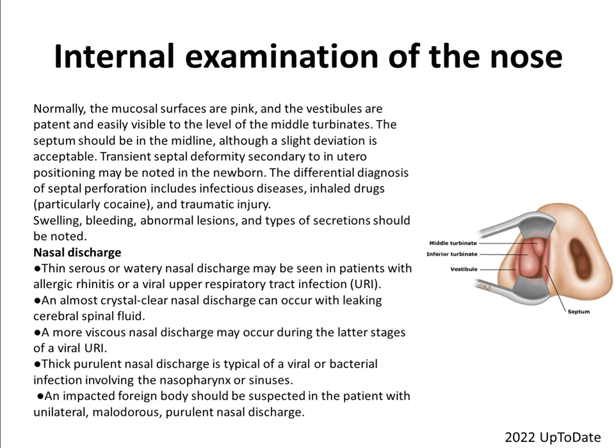A more viscous nasal discharge may occur during the later stages of viral upper respiratory tract infection, and thick purulent nasal discharge is typical for a viral or bacterial infection involving nasopharynx or sinuses. An impacted foreign body should be suspected in the patient with unilateral malodorous purulent nasal discharge.